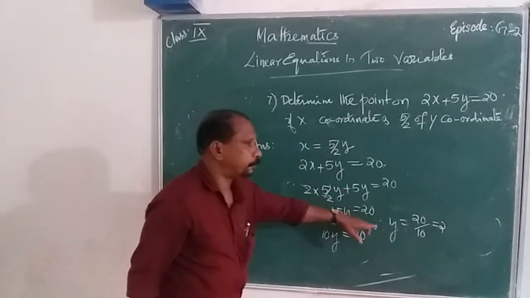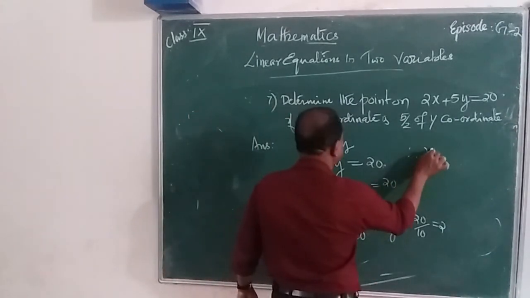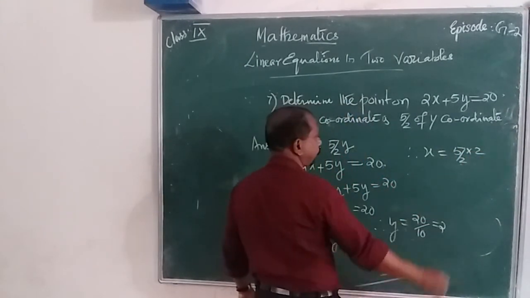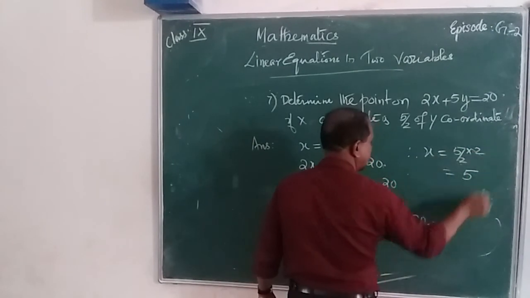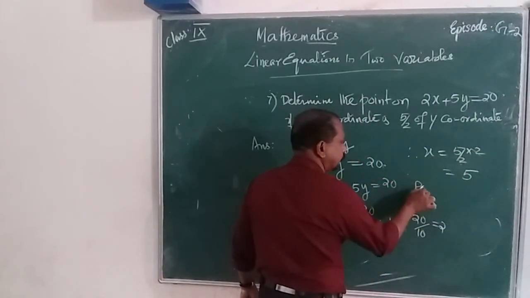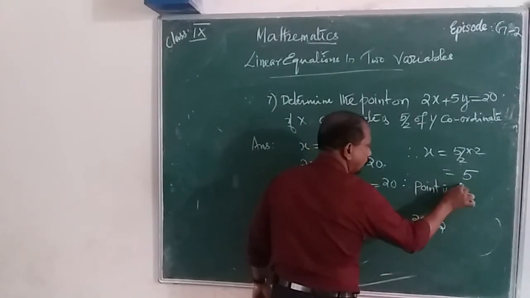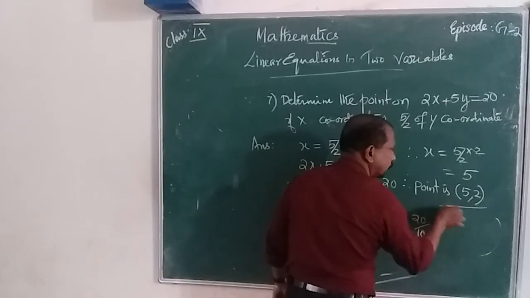Substitute this value of y in the first equation. Therefore, x is equal to 5 by 2 into 2 is equal to 5. Therefore, the point is (5, 2). That is the answer.